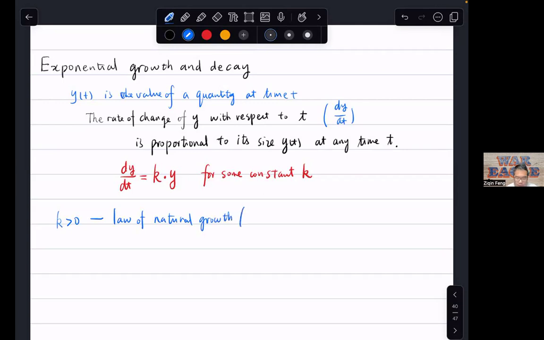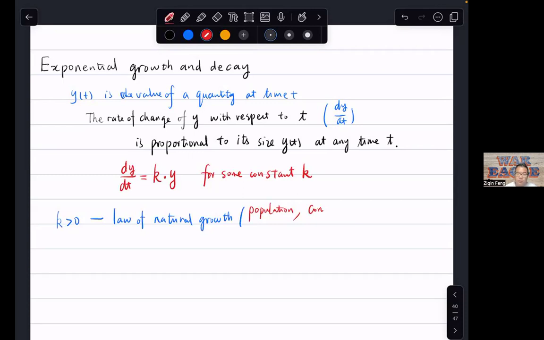What happens here is, for example, populations of some bacteria. This is also related to economics, if you compound the interest rate continuously. That's also what is going on.